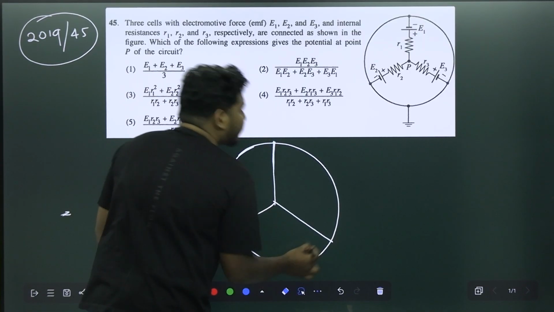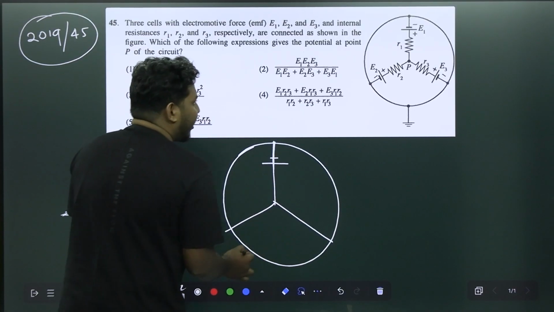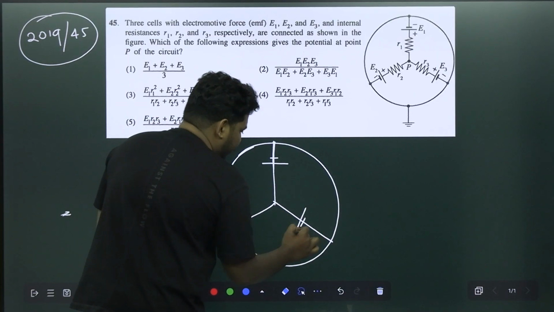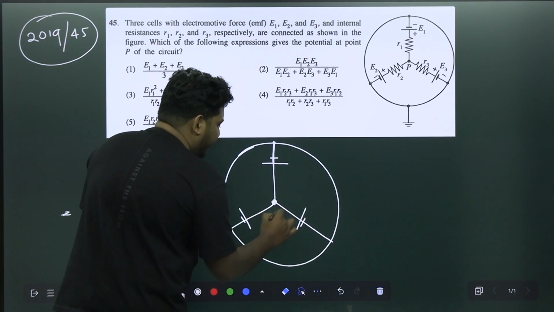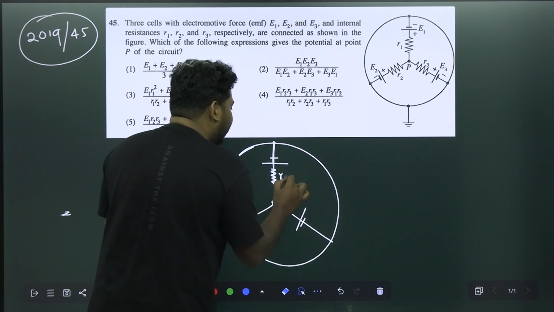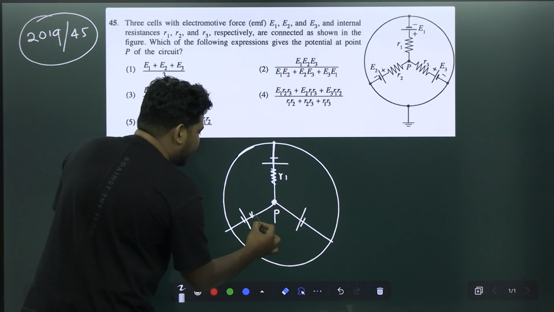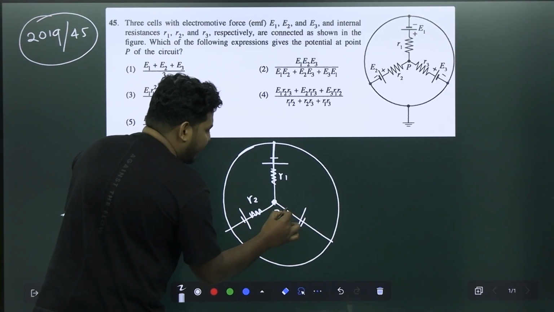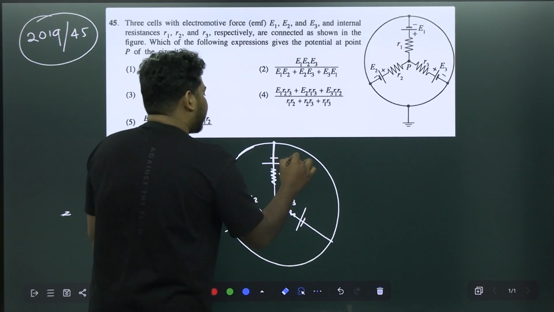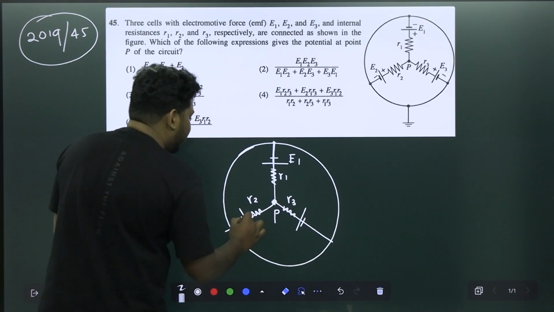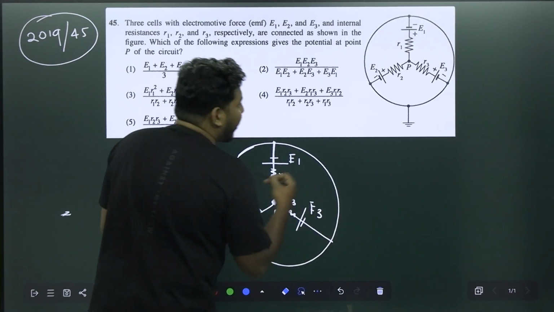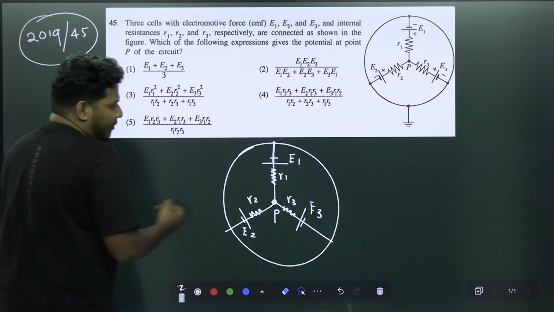This is a battery, this is a battery, this is a battery, and this is the point P. There is an internal resistor: this is R1, this resistor is R2 and this resistor is R3. Make E1 electromotive force, E2, E3. Okay.